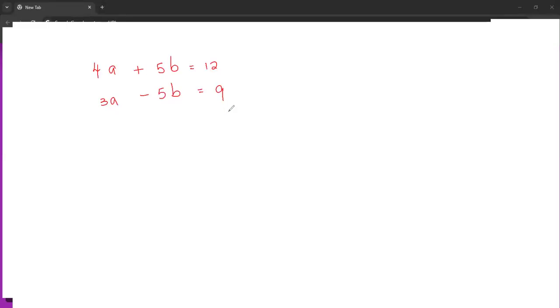All right, so we're going to look at solving simultaneous equations using the matrix method. Basically, a simultaneous equation is where we are trying to find two unknowns in the same working.